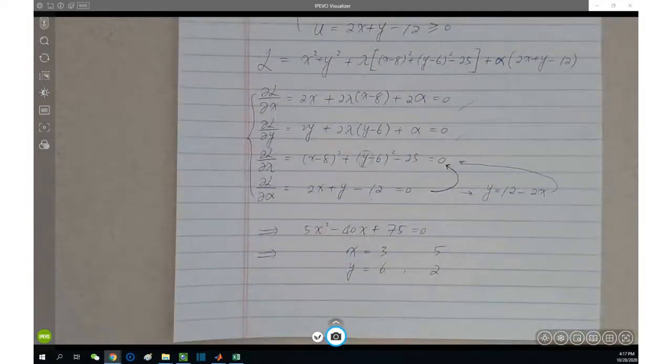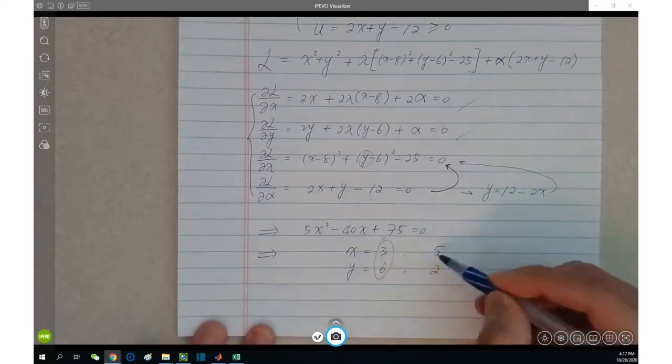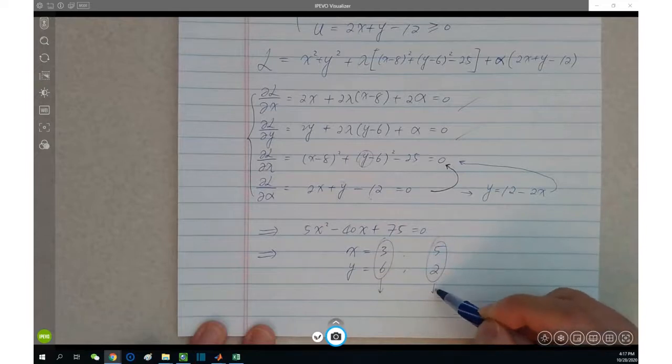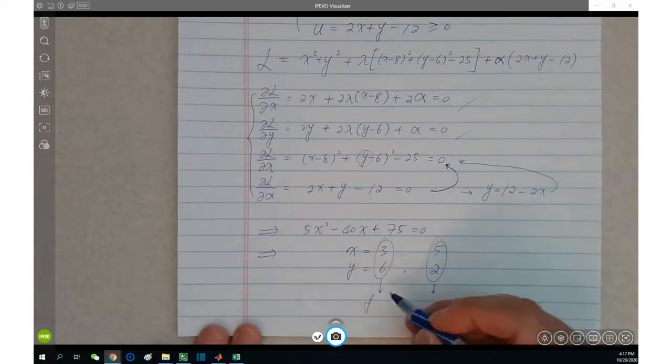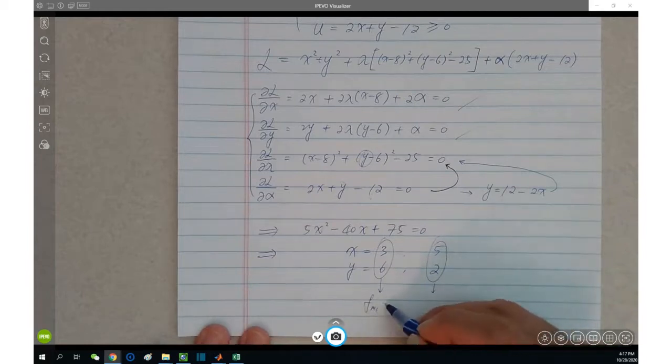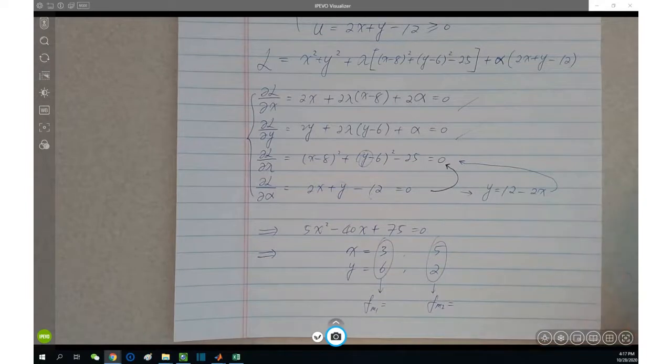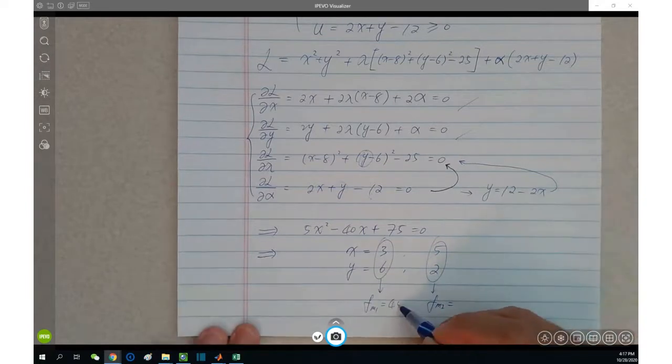Two sets of solutions. And of course, we're not done yet. They will respectively give you f at m1 equals this, and f at m2 equals this. This is 45, this is 29.